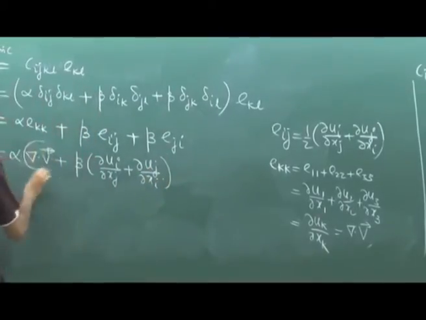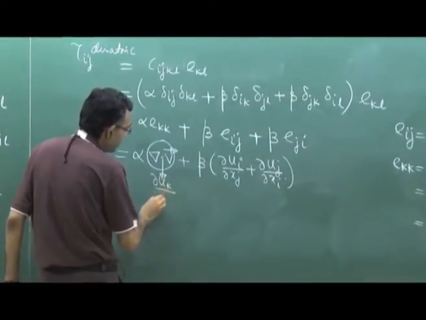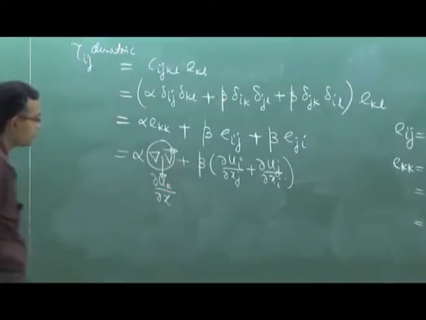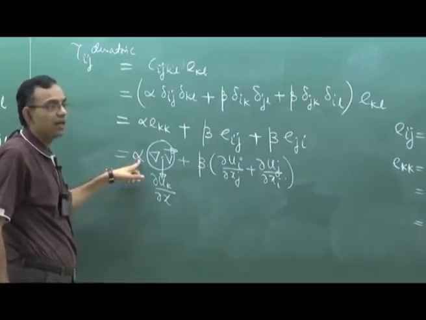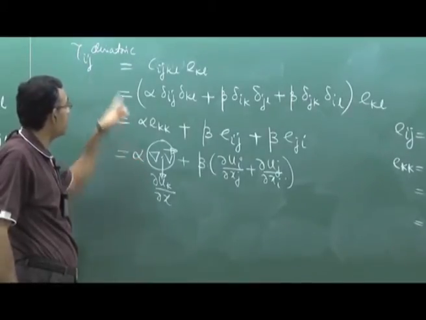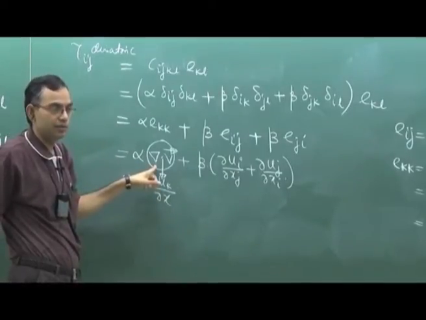So just to write the same notation, we will write here del uk del xk. Now physically what is this? Physically this relates to the relationship between the deviatoric stress and the rate of volumetric deformation.